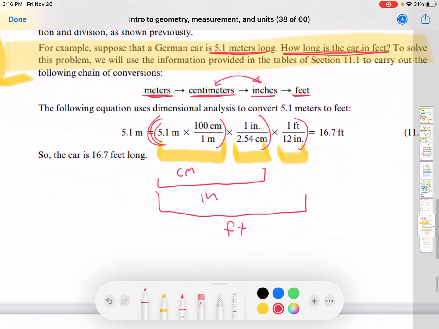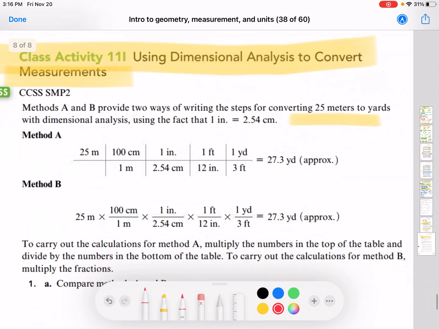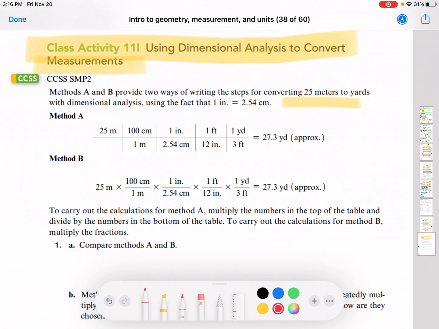All right, next page does an example in a similar manner. They say, suppose we want to convert 25 meters to yards. And again, we're going to go through the same inch-centimeter conversion. So 25 meters to yards. All right, so if we start by 25, I'll start down here, 25 meters. You multiply it by centimeters per meter, that's now centimeters.